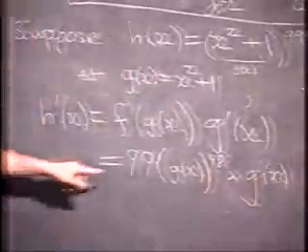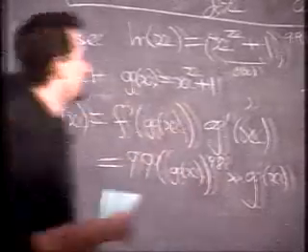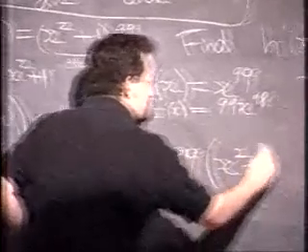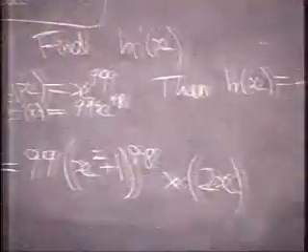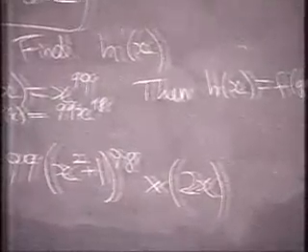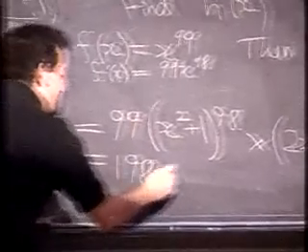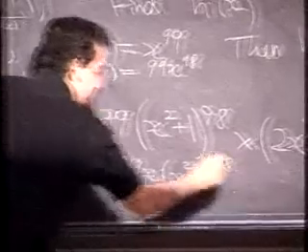That takes care of f. We take our g, which is x squared plus 1, so it's (x squared plus 1) to the power 98. And now we need to multiply by the derivative of g, which we can just see as 2x. So you get 99 (x squared plus 1) to the power 98 times 2x. And we can consolidate the 2 and write that as 198x times (x squared plus 1) to the 98 power.